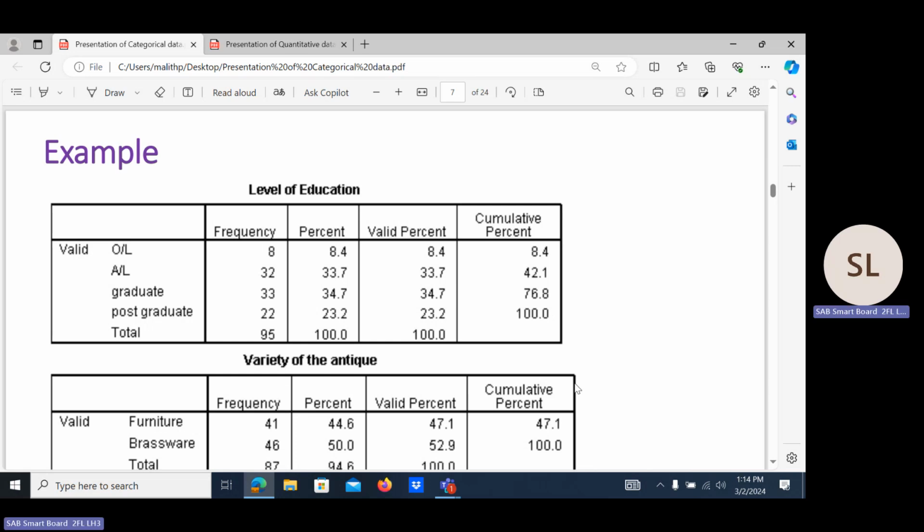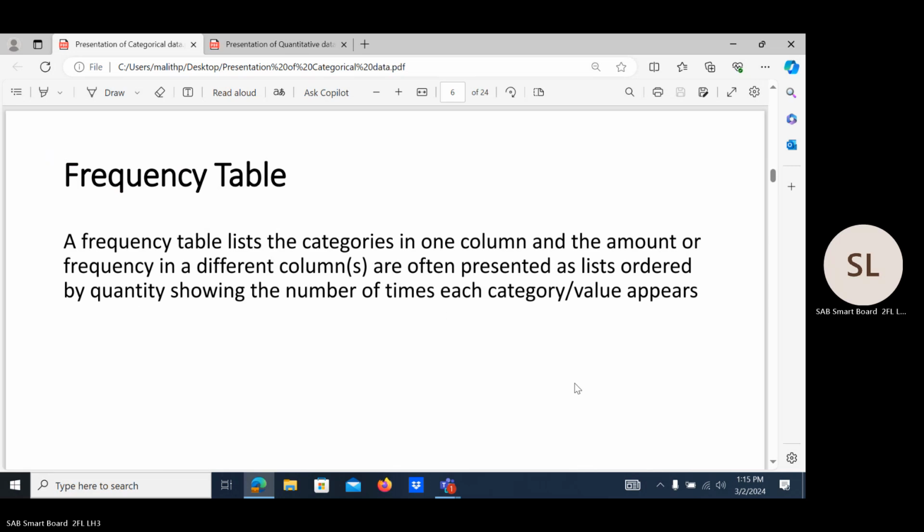Frequency means what? The first one is O level, and the frequency value is 8. It means 8 respondents completed O level. Frequency tables are often presented as a list ordered by quantity, showing the number of times each category or value occurs.